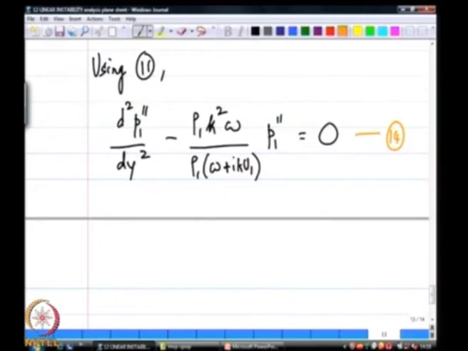So, essentially I have now an equation for p 1 double prime.